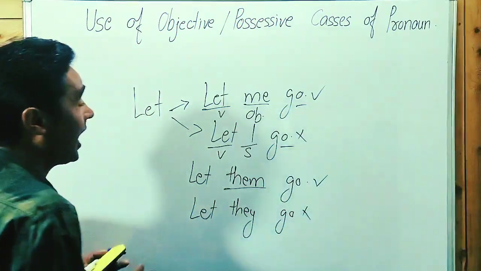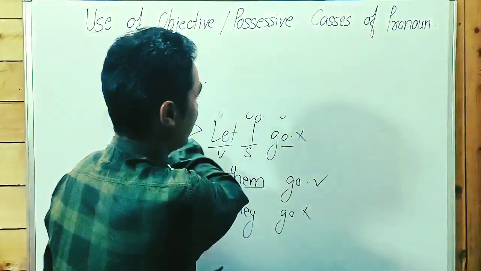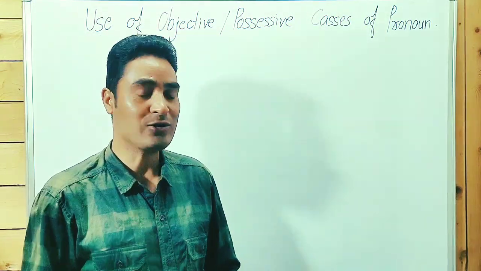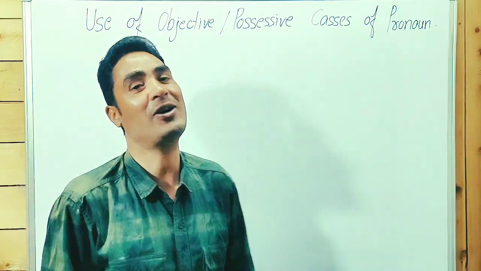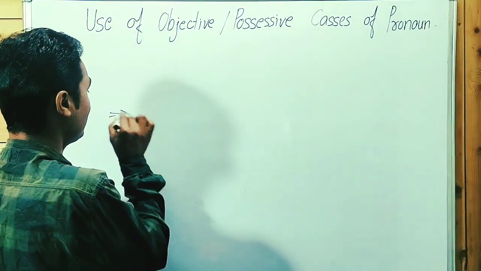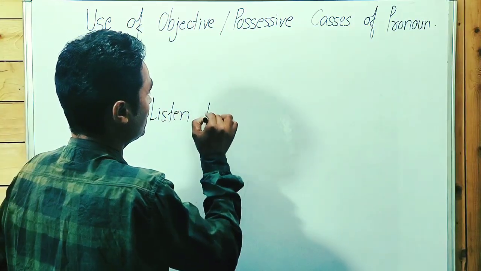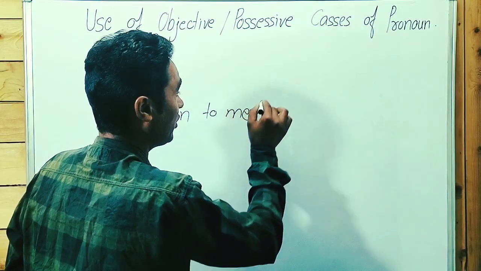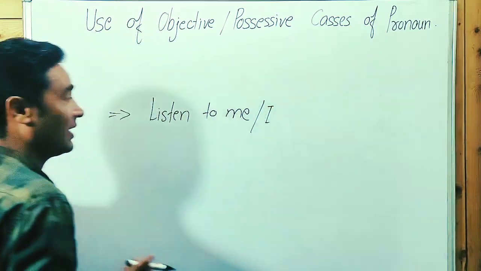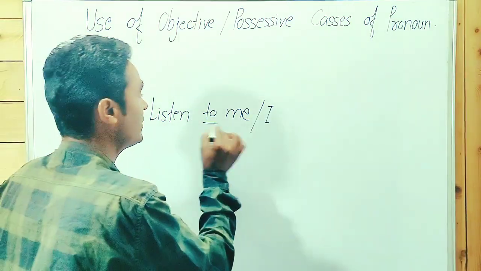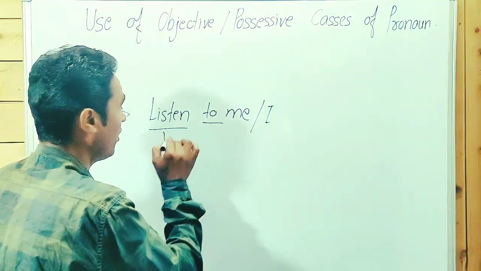After a preposition, guys, we also use the objective case of personal pronoun. For example, listen to me. Guys, point to be noted, we don't say listen to I. Here in listen to me, to is a preposition and listen is a verb.